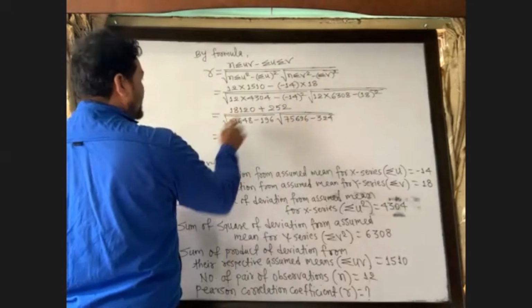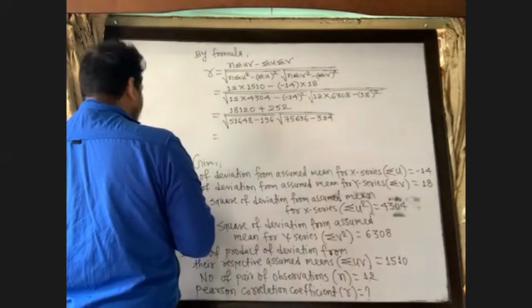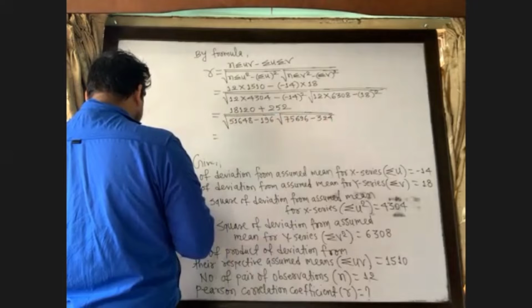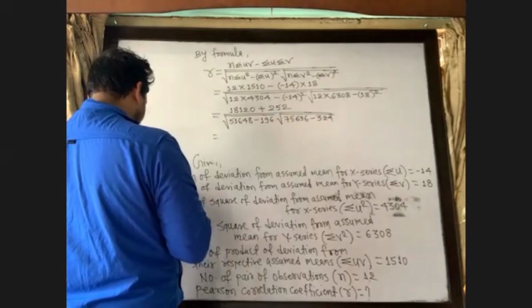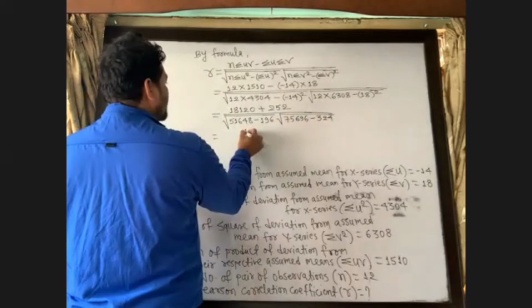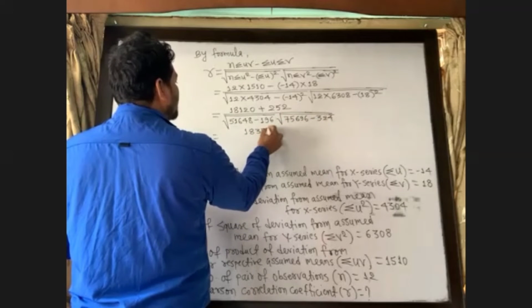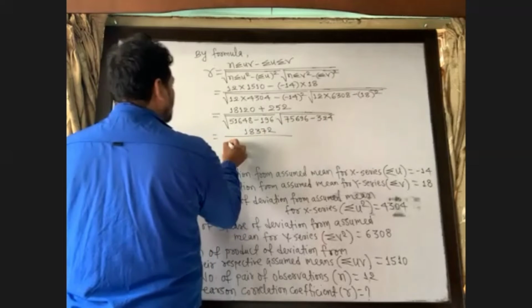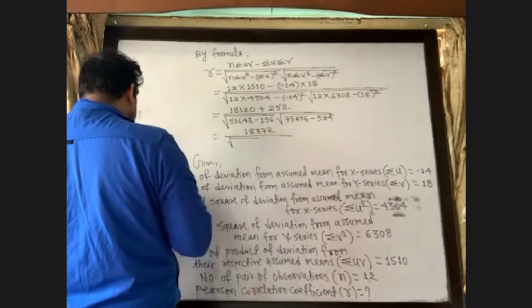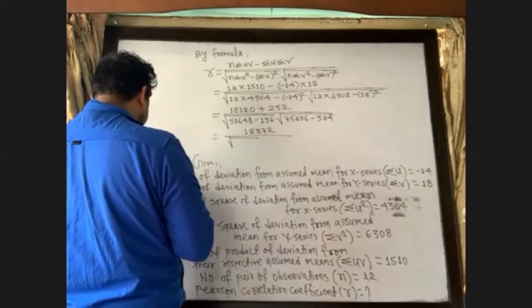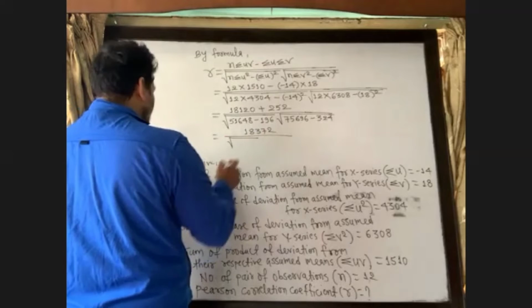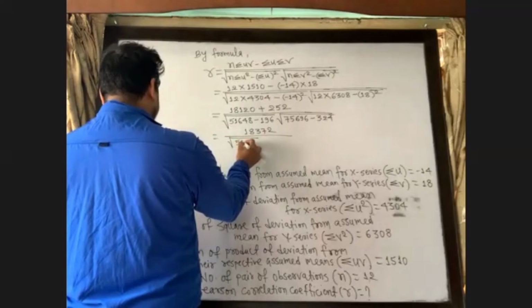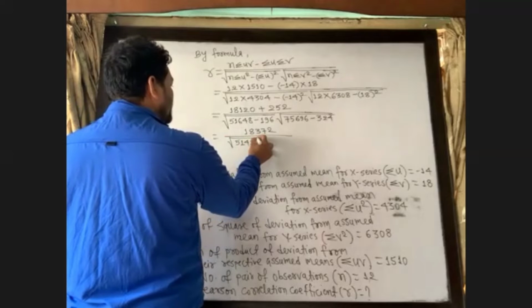Now let's add: 18,120 plus 252 is 18,372. 18,372 divided by 51,648 minus 196, which is 51,452.